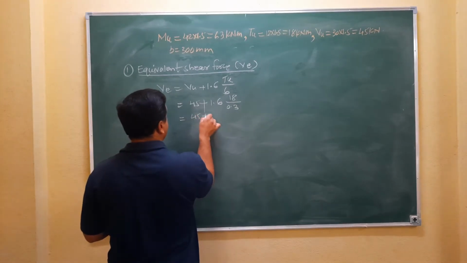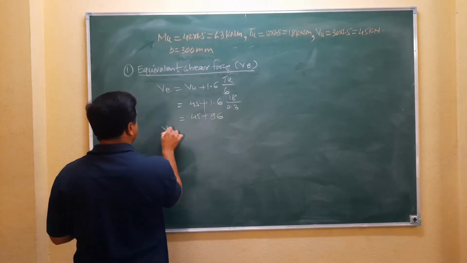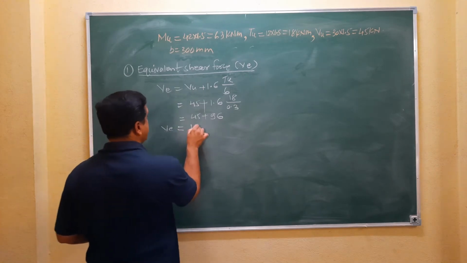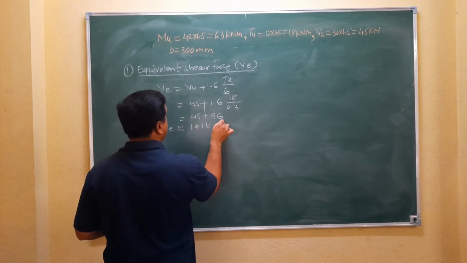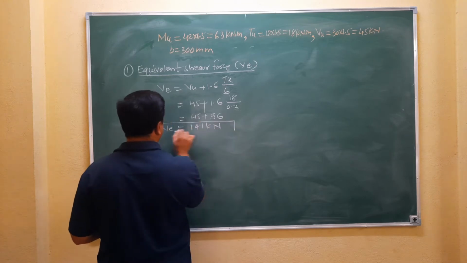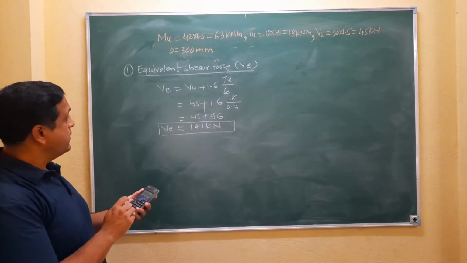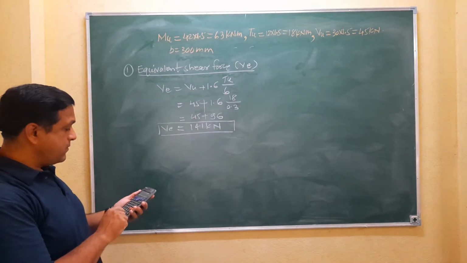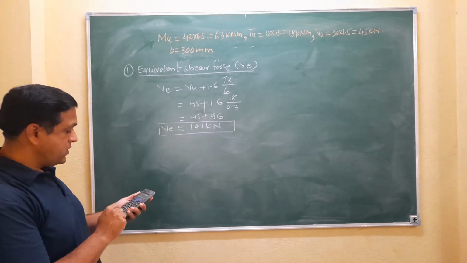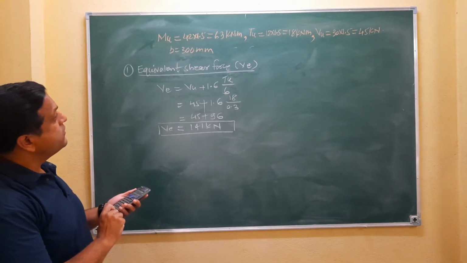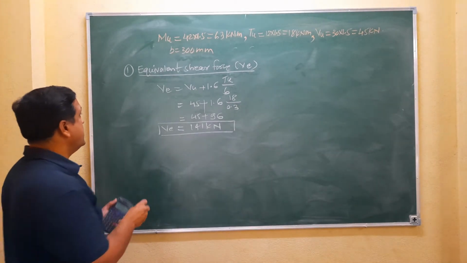So 45 plus 96, this value is 141 kilonewton. Again I want to check this: 18 divided by 0.3 into 1.6 plus 45. Vu is 45. So it is 141, correct.